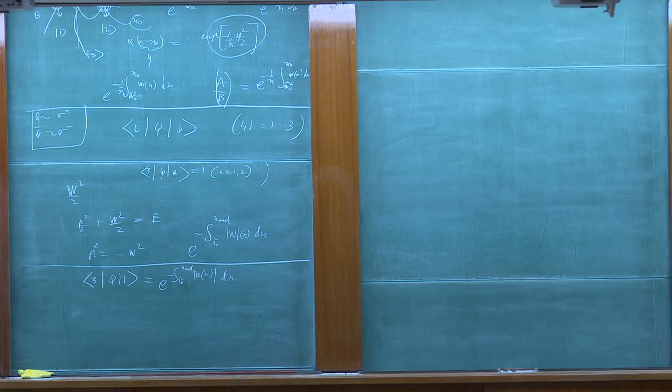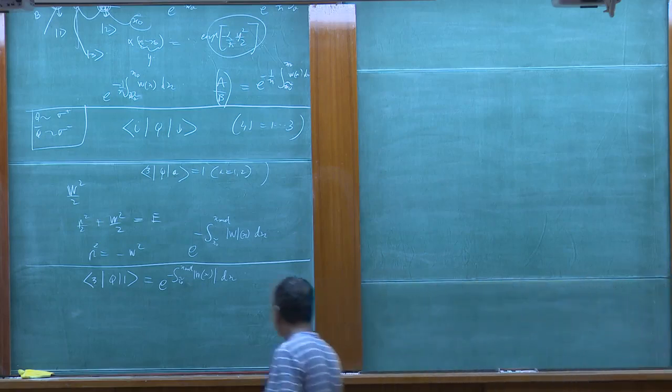With our particular potential, W between x naught tilde and x mid was positive. So for this term, I could have dropped the mod, but I wouldn't be able to drop it for the other term, so I'll just keep it.